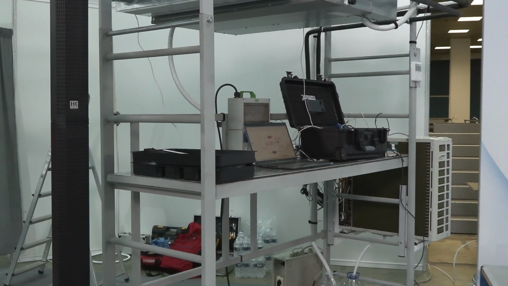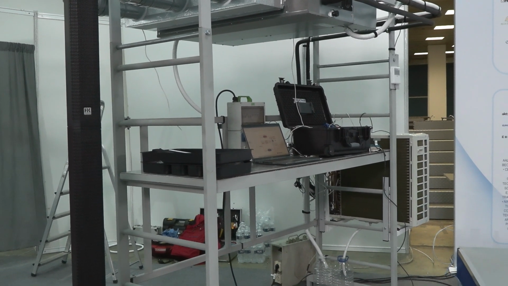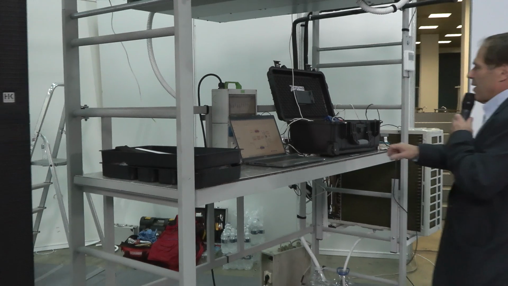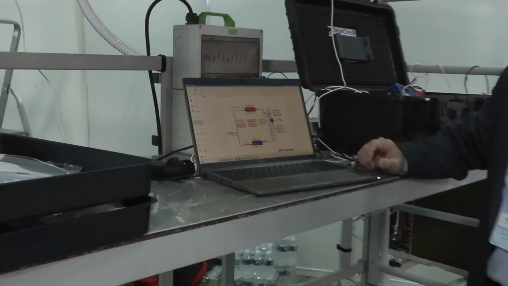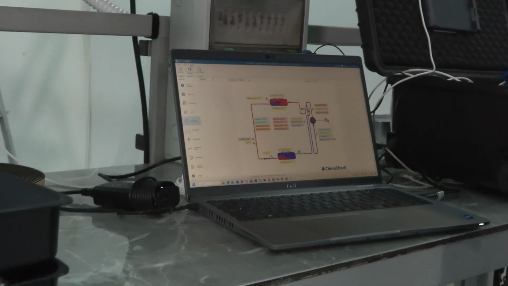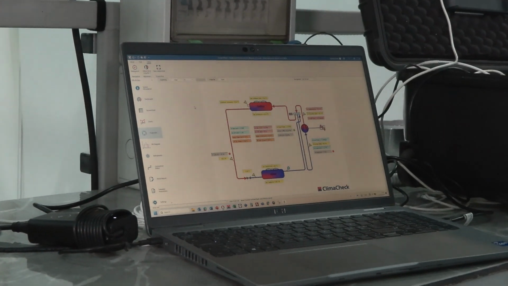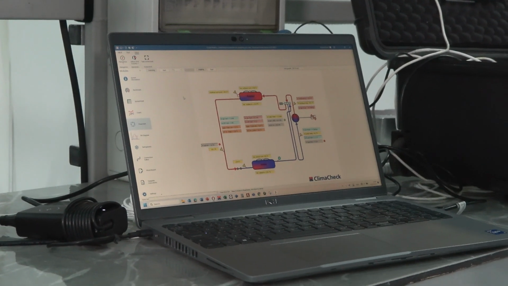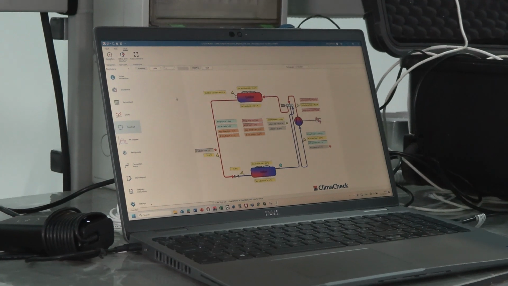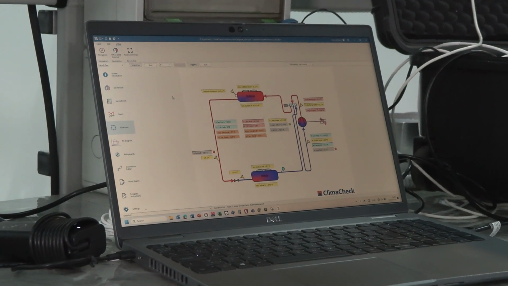Maybe to look at what we are measuring, if we look at the flow chart, hopefully you can see there. The yellow values are the measured values. I think I'm pointing here.